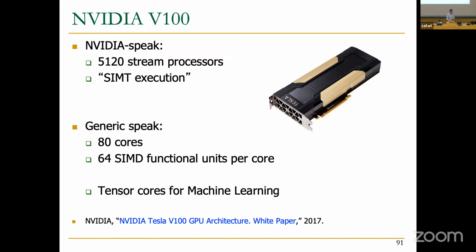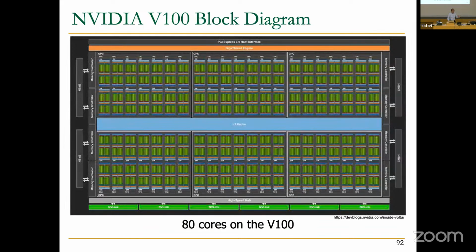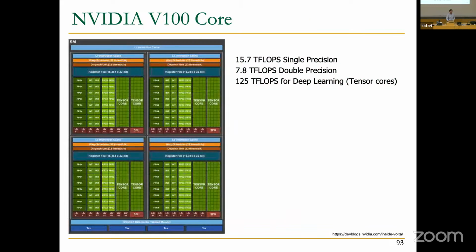And they also added these tensor cores for machine learning, which I will briefly talk about. This is essentially very similar to advanced matrix extensions, for example. It's a specialized unit for matrix multiplication. So the block diagram looks bigger, as you can see. Later, we're going to see the memory system, and the memory system is getting bigger and bigger also. And you can see the teraflops is increasing significantly.